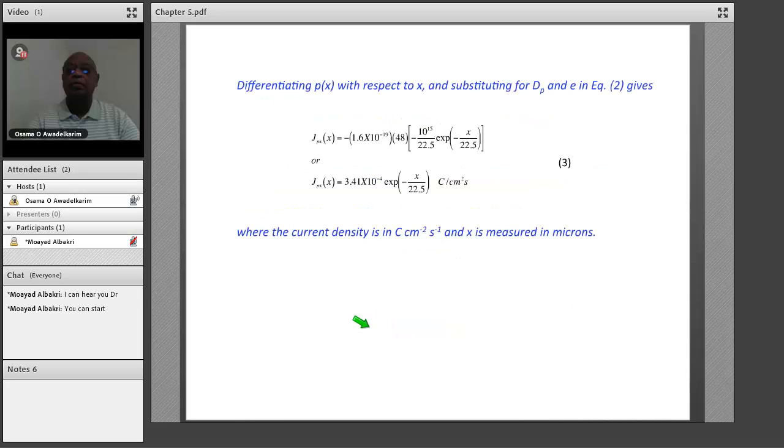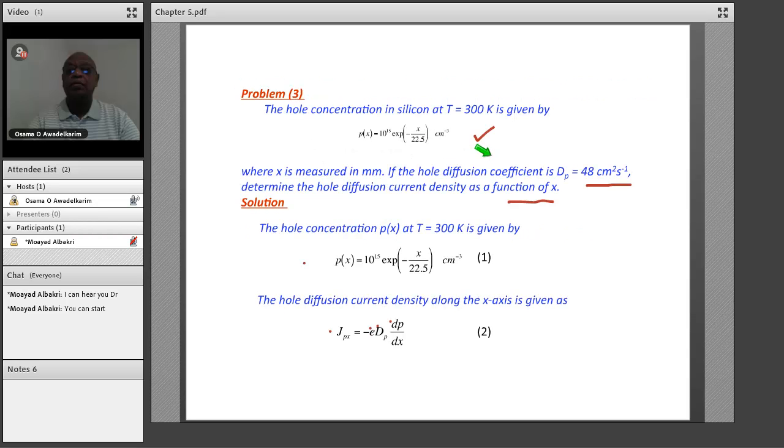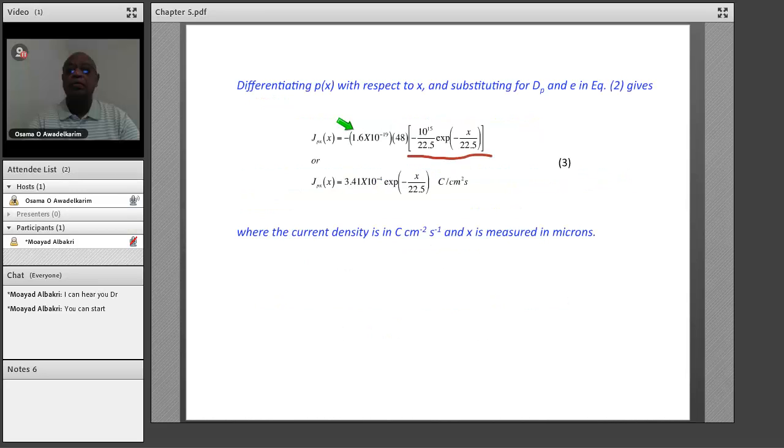So let's start by getting dp by dx. This is not a calculus class, so just differentiate this simple exponential. Taking dp by dx, you will find minus 1 over 22.5 times 10 to the 18 times the exponential of this amount here.